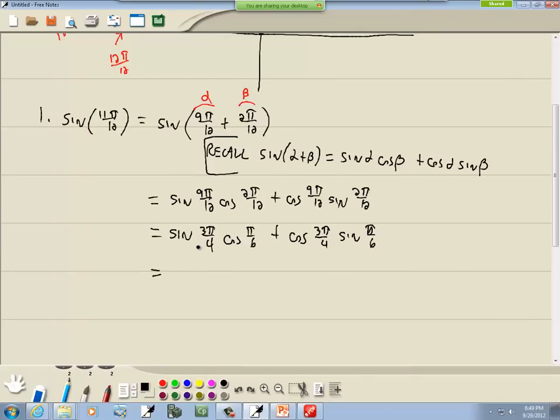Well, sine of 3 pi over 4 is square root of 2 over 2. Cosine of pi over 6 is square root of 3 over 2. Cosine of 3 pi over 4 is negative square root of 2 over 2. And sine of pi over 6 is equal to 1/2. There we go.